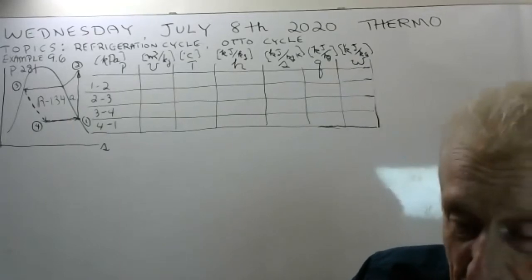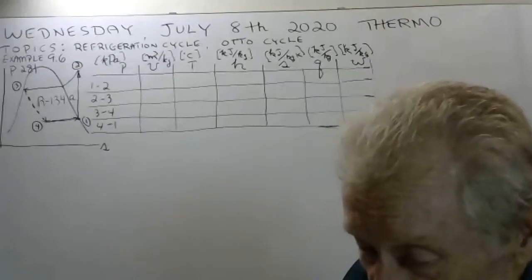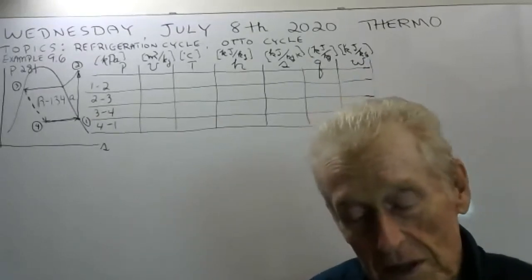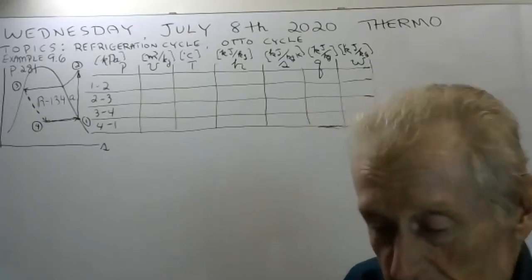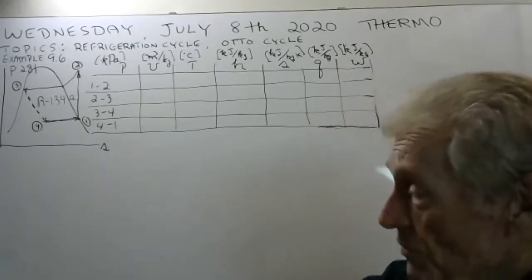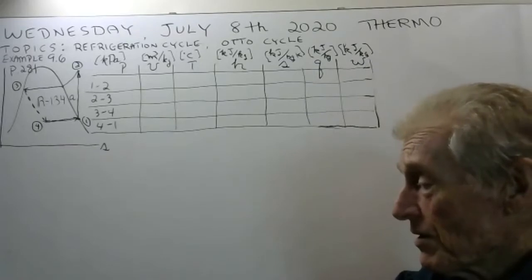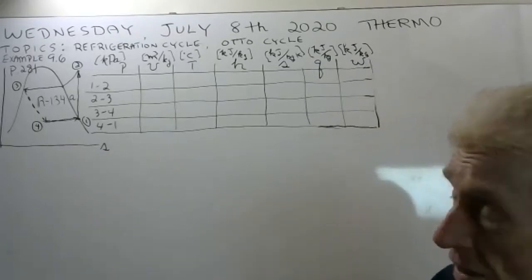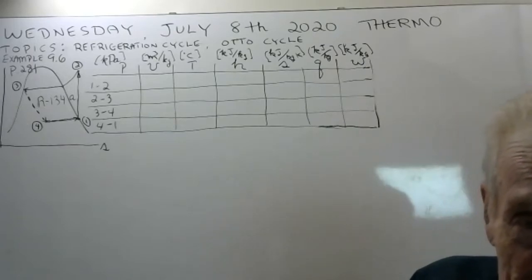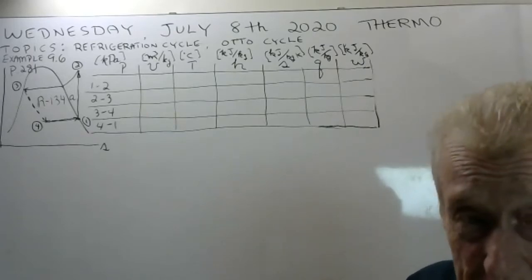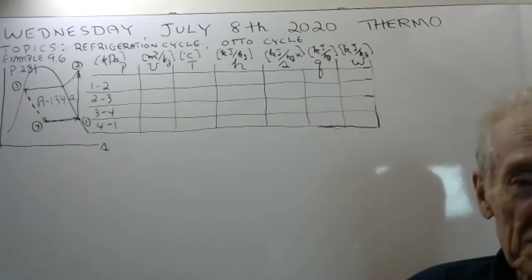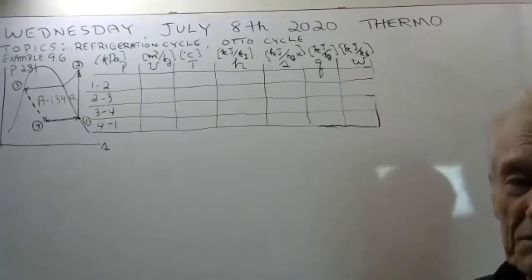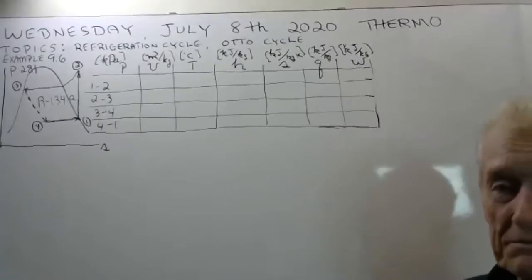So what we're going to do is go through this example 9.6. Now they did not draw the TS diagram or the PV diagram. Shame on them. But maybe we can do a PV diagram if I can make some room. Gosh, there's some glare right there. I don't know where that glare is coming from, but we'll live with it somehow.